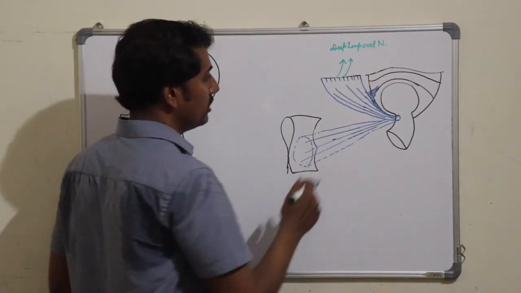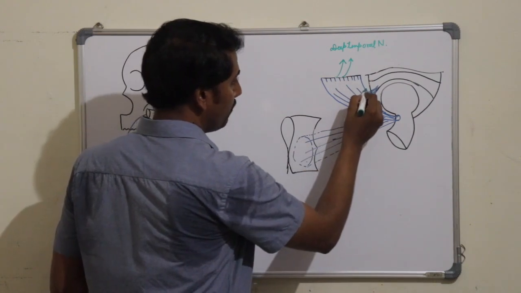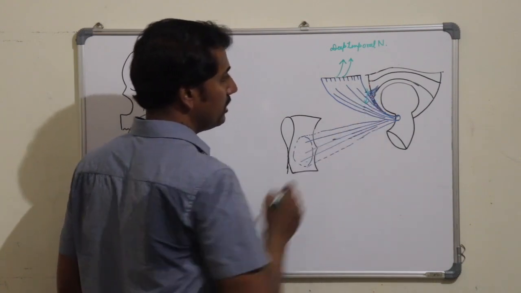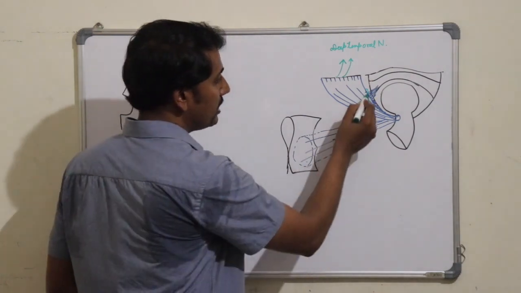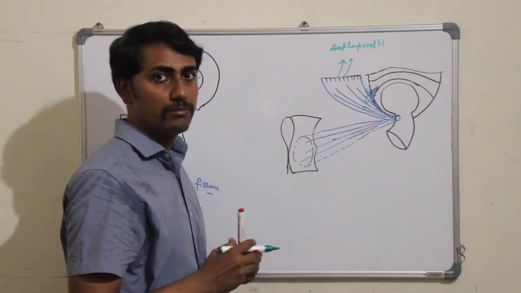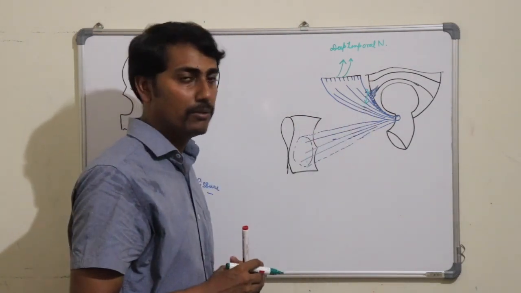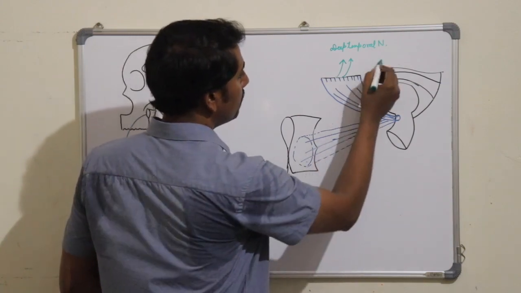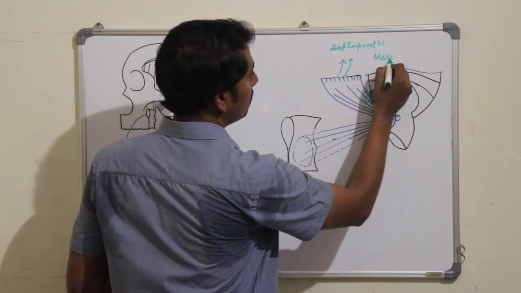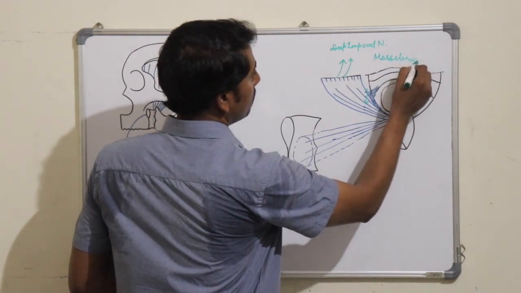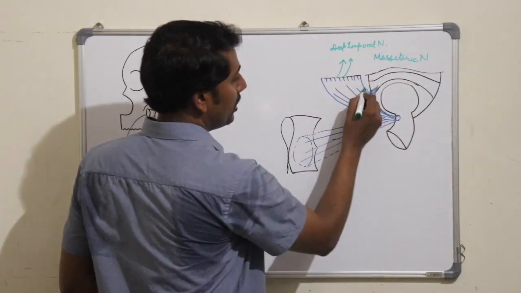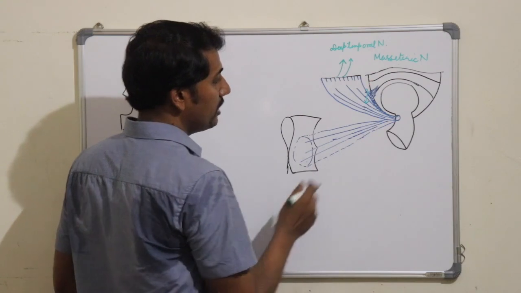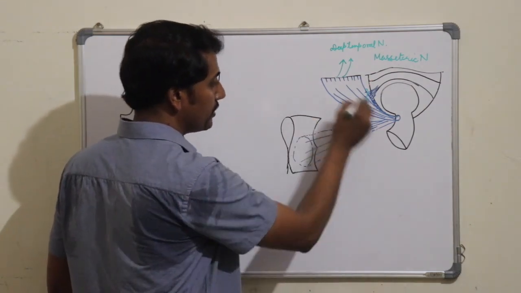The second structure emerging from the upper border is the masseteric nerve, which is the branch from the anterior division of the mandibular nerve.